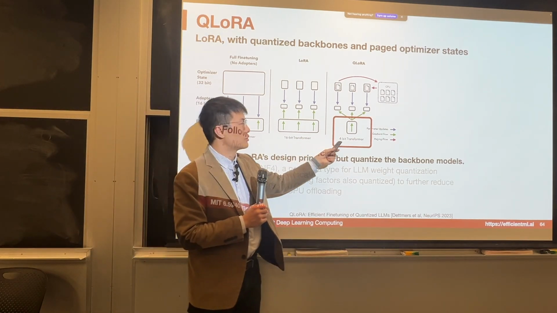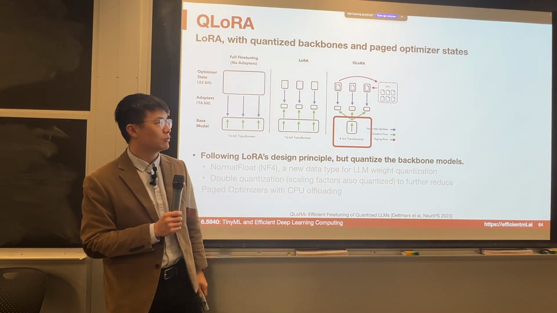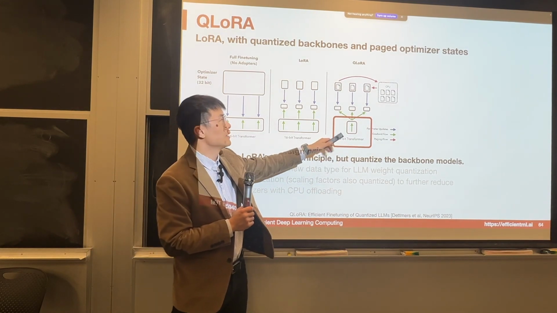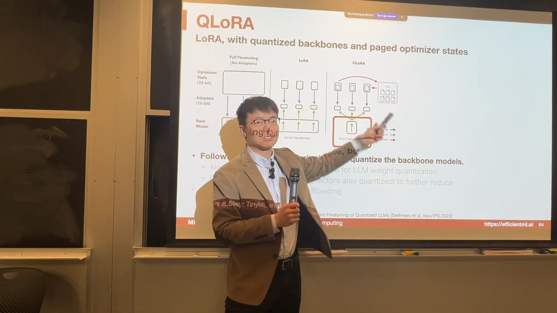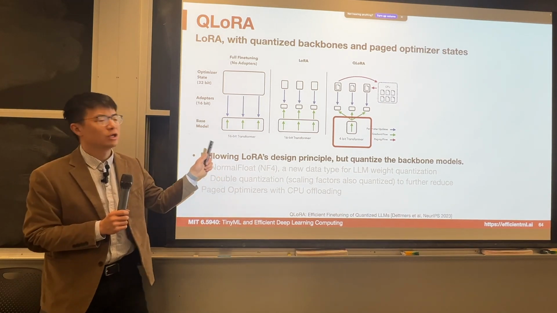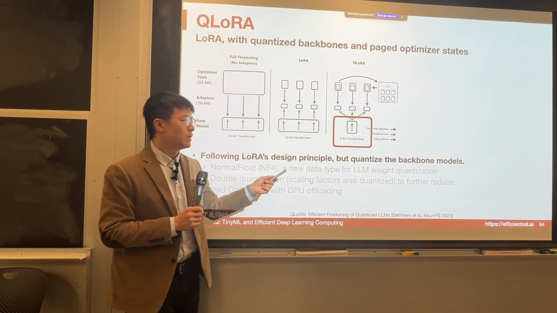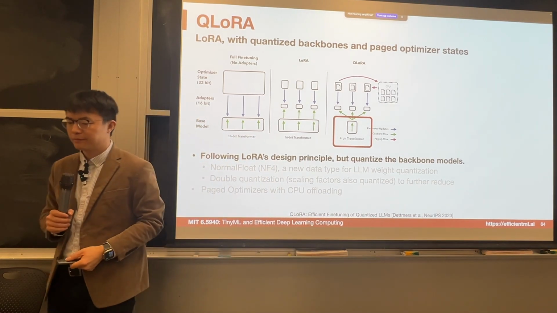QLoRA is actually using a 4-bit transformer, quantizing the backbone into only 4-bit. And for the large optimizer state, it can be swapped into the CPU if needed. So following LoRA's original design principle, but it can quantize the model backbone. That's why it's called QLoRA.